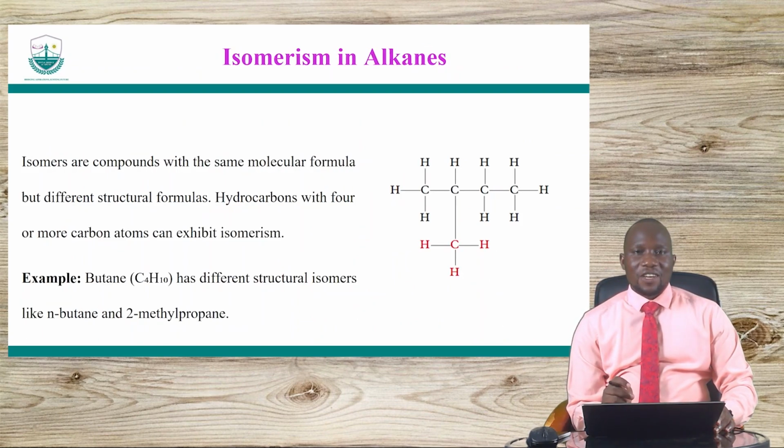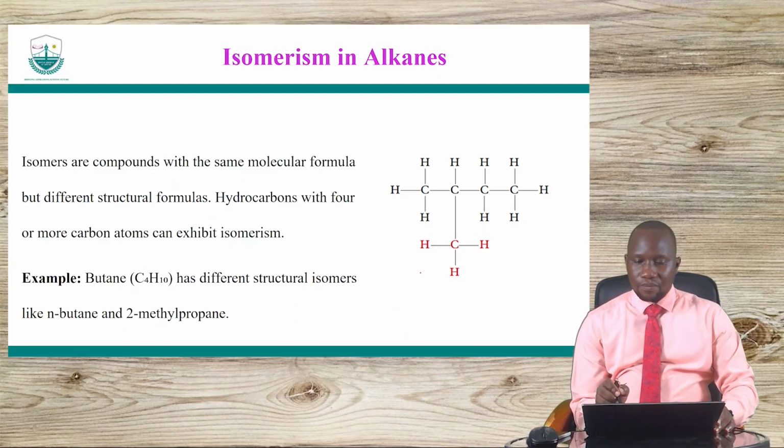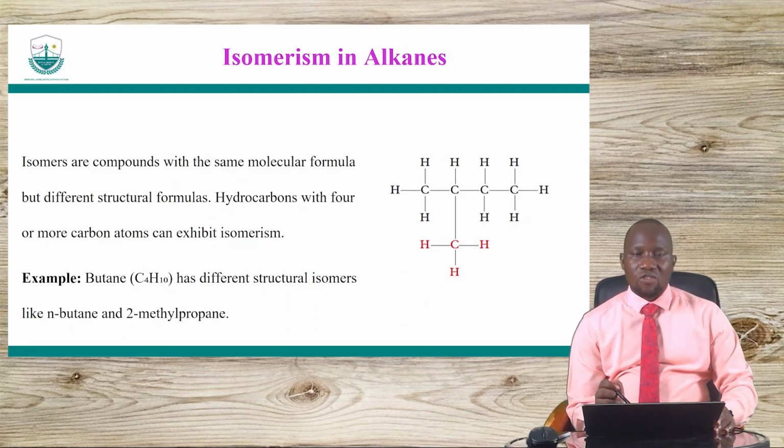Let's look at another concept that we also looked at earlier. Alkanes exhibit isomerism. What isomerism means is that you have the same molecular formula, but the arrangement of the atoms is different.